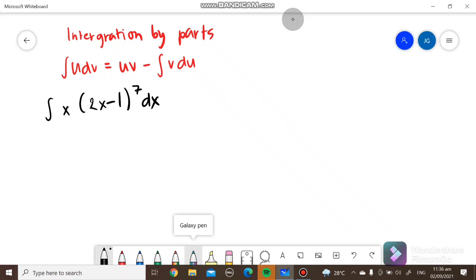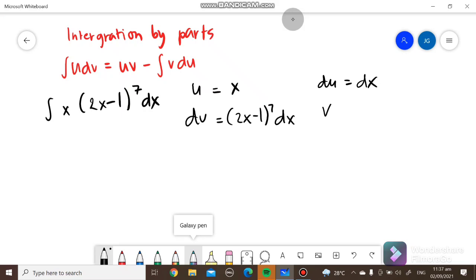In using integration by parts, we need to know the four values, which are the u, our du, the dv, and our v. So, I will set the u as x, and the derivative of that is simply dx, and then I will choose 2x minus 1 raised to 7 dx as my dv.